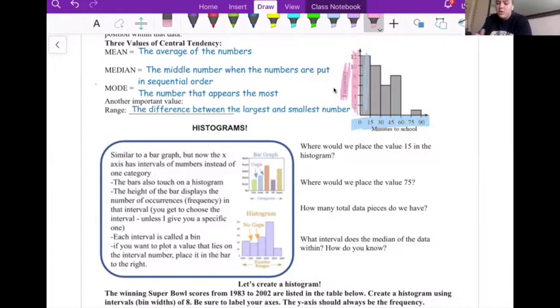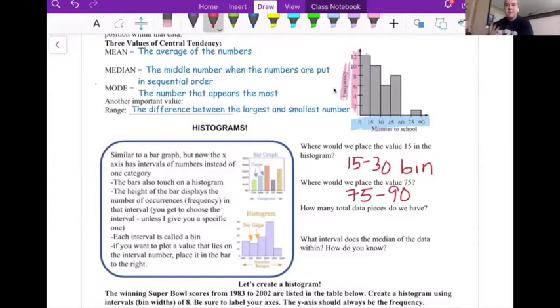And so where would we place the value 15 in the histogram? That would be in the 15 to 30 bin. And then we would place 75 in the 75 to 90. And so how many data pieces do we have?